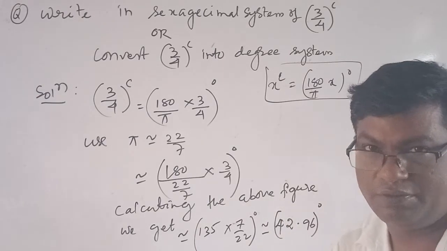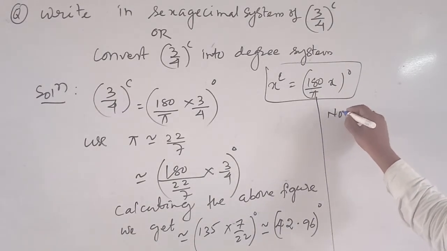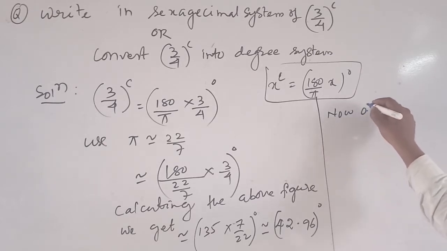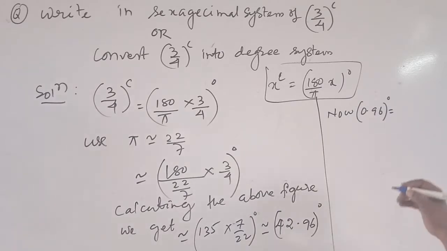Now 0.96 degree is equal to 0.96 into 60. This amount is in minute. Okay, this is in minute.